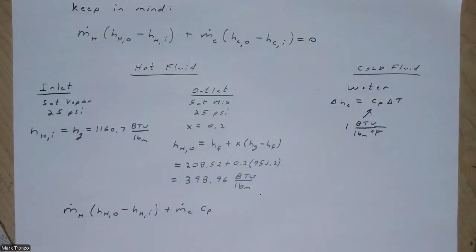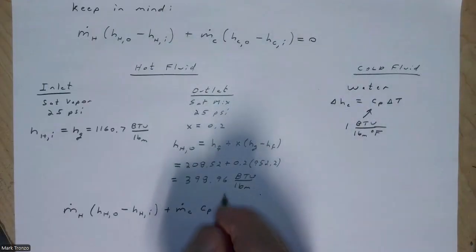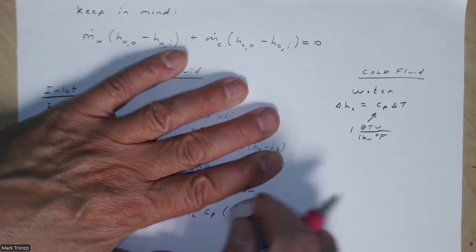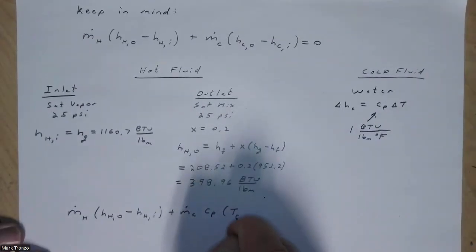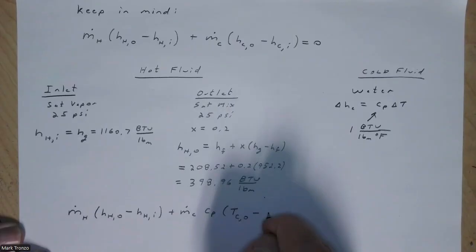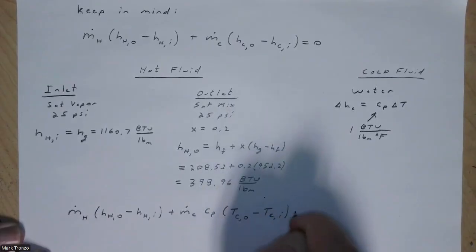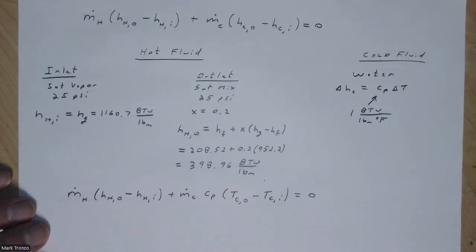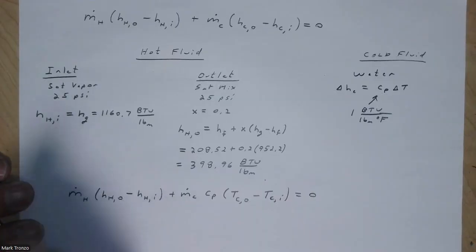Remember, that's what we're looking for. So we might as well keep those separate because we're going to be solving for the temperature. So that's going to be T cold out minus T cold in, and then start substituting our values.